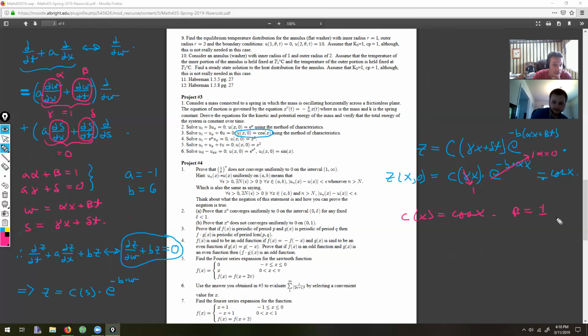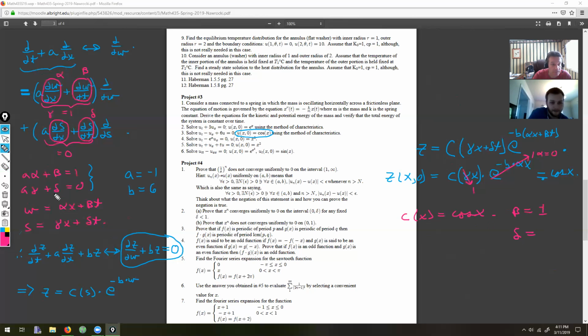Okay. And what did you pick gamma to be? 1. Okay, so if you pick gamma to be 1, what's delta going to be? Okay, gamma's 1. Let me see here. Negative 1. Wait a minute. If gamma is 1, hold on.